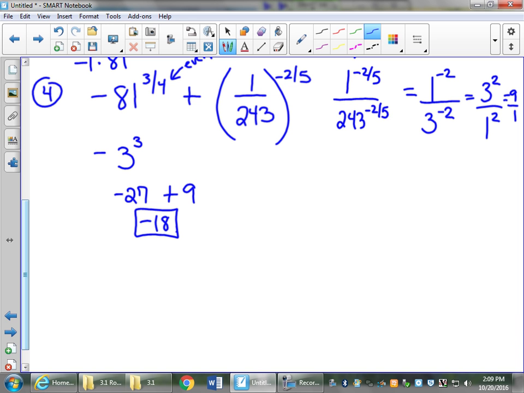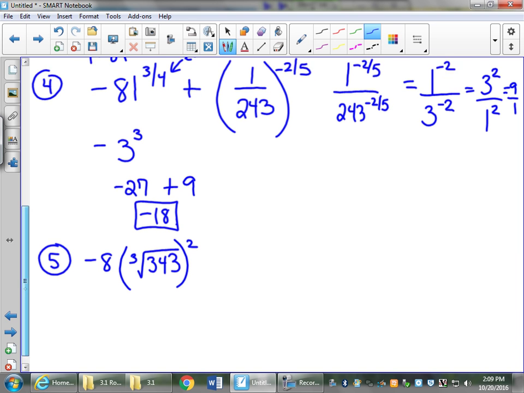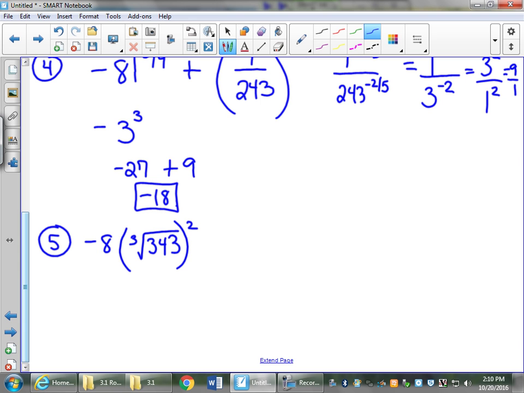One last example before I show you how to do some of these in the calculator. So for number 5, we're going to have negative 8 times the cube root of 343 to the second power. So that negative 8 just means you're going to do the root out like normal and then multiply by negative 8 at the end. So this will become negative 8 times cube root of 343.